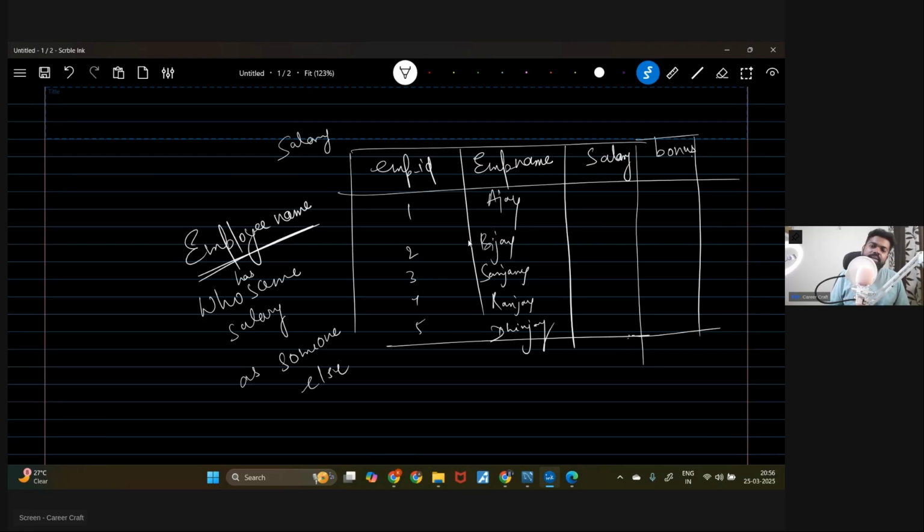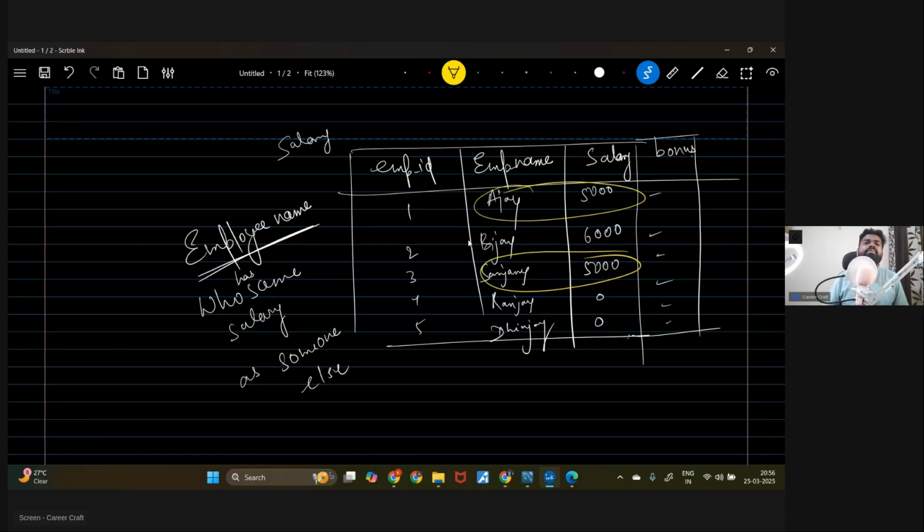Let's say salary is Ajay 50,000, 60,000, 50,000, 0, 0. Bonus, anything, doesn't matter. Now you have to find the employee who has same salary as someone else. See here, Ajay and Sanjay has same salary. Understood the question, everyone?